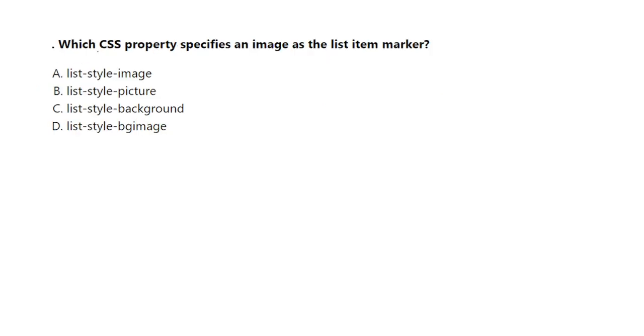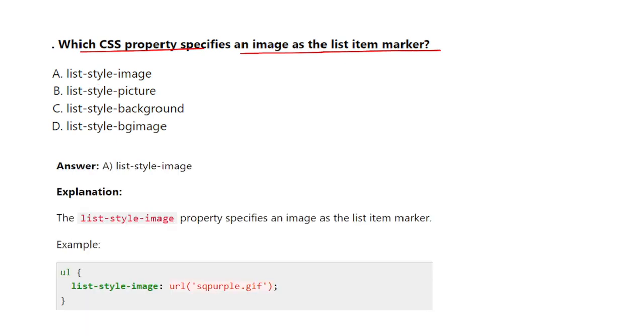Next question is: which CSS property specifies an image as the list item marker? The answer is list-style-image. Here we are talking about an image. The list-style-image property specifies an image as the list item marker.